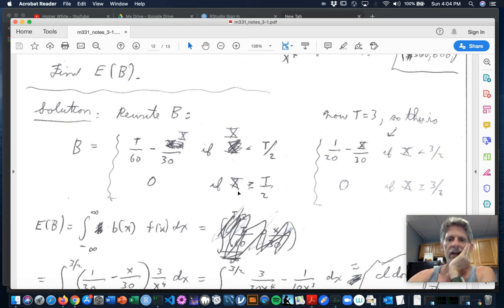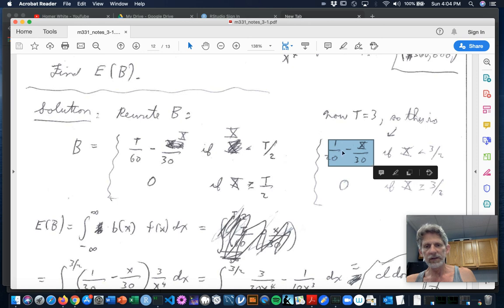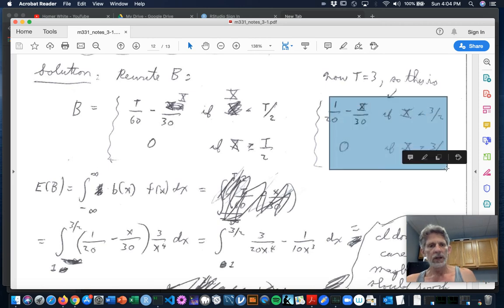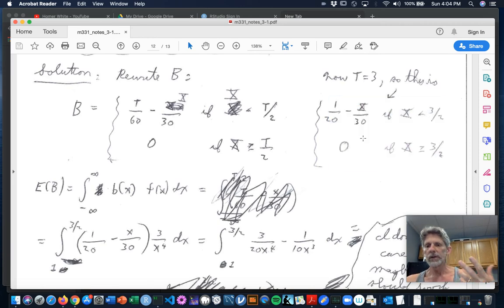Now let me put in that T is the 300,000 bucks, T is 3, and so it comes out like this: the bonus is 1/20 times (3/2 minus X)... if X is less than 3 over 2, and it's 0 if X is more than 3 over 2. So it's actually pretty simple, the formula for the random variable B.